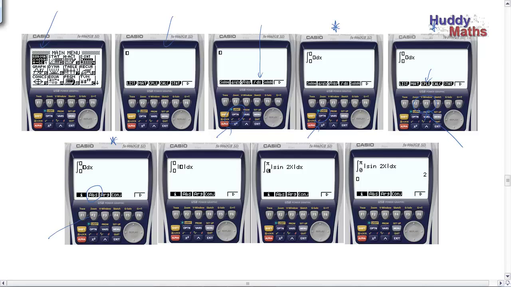So hit F2 and see it sits in there. Now we can start moving around with this button, filling in those boxes, and we get modulus or absolute value of sine 2x. And when we do that, we get the area across that whole interval is 2, without actually worrying about what the curve is doing.